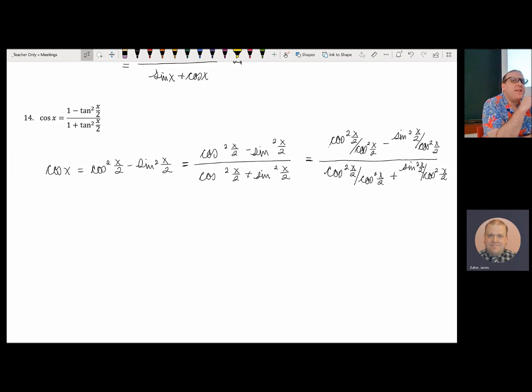Now divide every single term by cosine squared of x over 2. You're allowed to do that because it's the same as multiplying by cosine squared over cosine squared, which is 1.